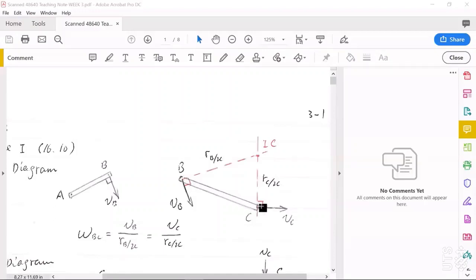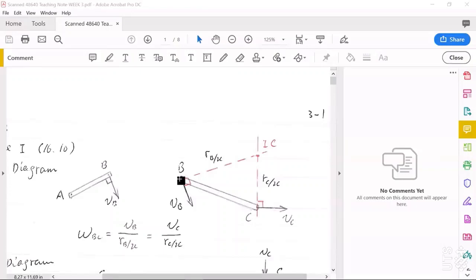So its velocity must be horizontal. So we can have a line going through point C, perpendicular to the velocity of point C, which is horizontal. At this moment, it doesn't matter if it is to the left side or right side. Okay, one line.